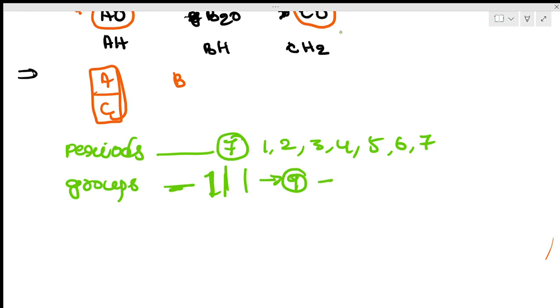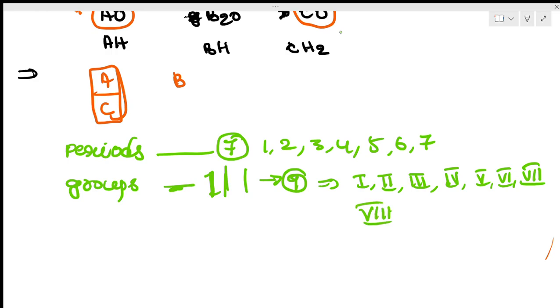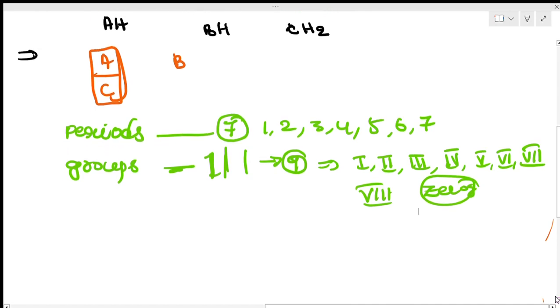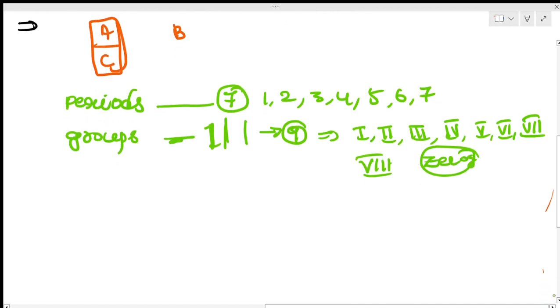The vertical columns he represented with Roman numerals: first group, second group, third group, fourth, fifth, sixth, seventh, eighth and zero group. In the zero group he kept the noble gases. So based upon the oxidation state and the valence, he arranged the Mendeleev periodic table.